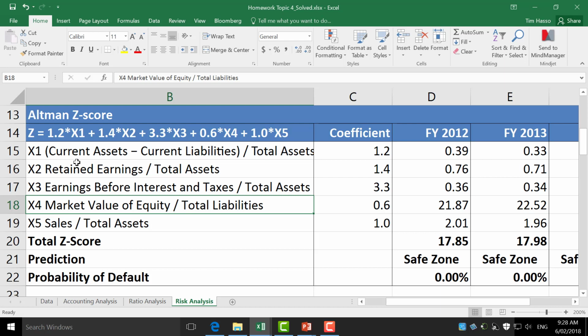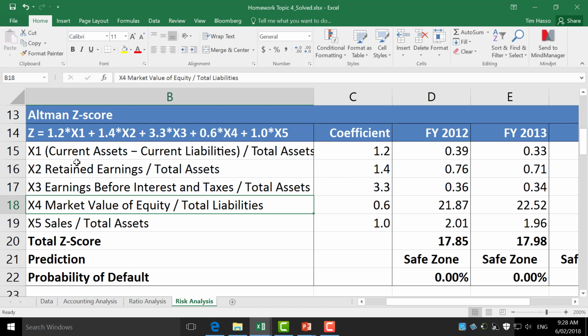The idea here is that each individual ratio is an indicator of distress. Technically speaking, the company should have, for example, profit, so earnings before interest and tax divided by total assets should be a positive number. If it's a positive number, it's going to be less likely to go bankrupt, and so forth.